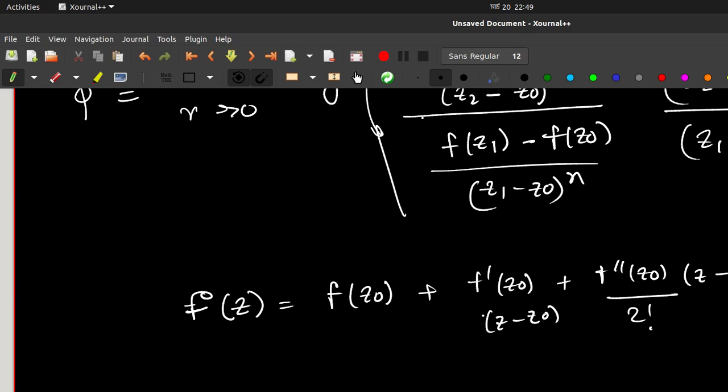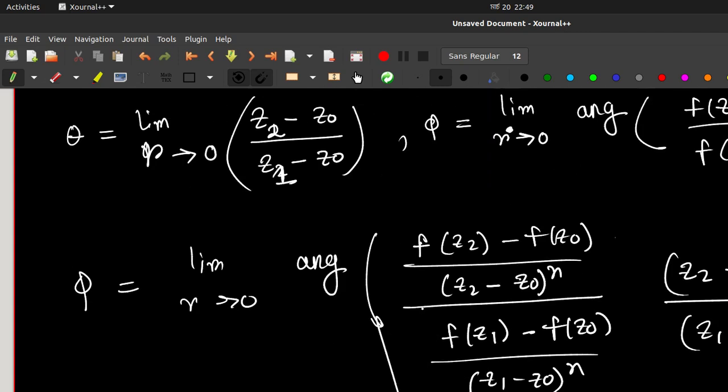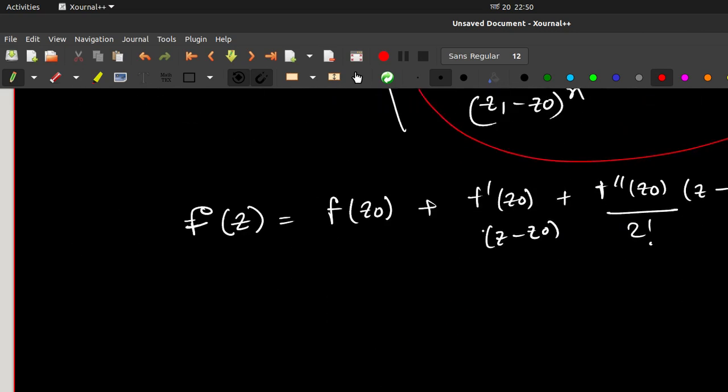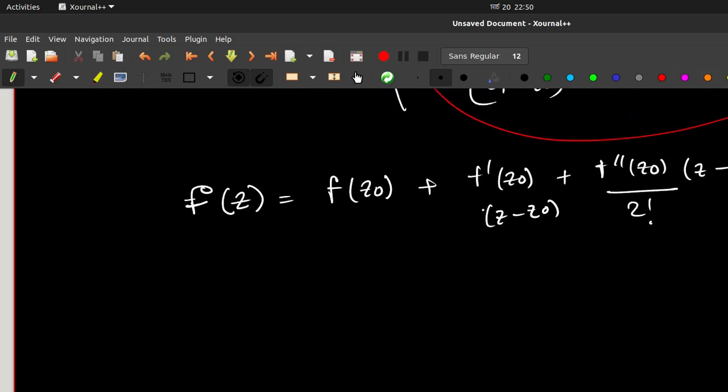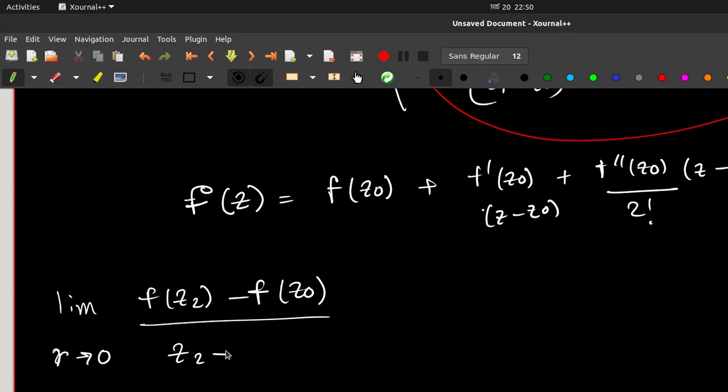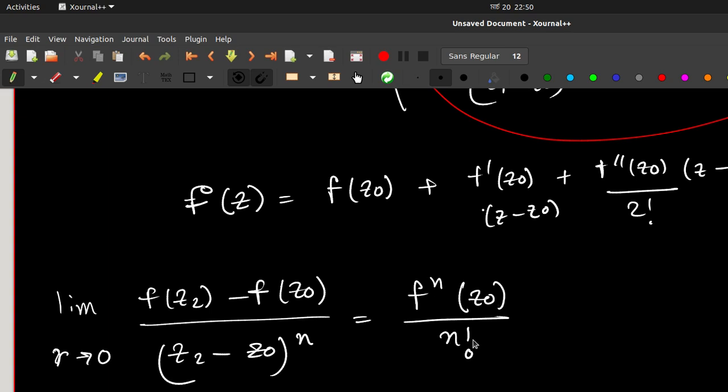Then these terms over here would actually give rise to the nth derivative, right? So what I mean is that the limit r goes to 0 of f of z2 minus f of z0 divided by z2 minus z0 to the power n would actually give you the nth order derivative at point z0 divided by n factorial.